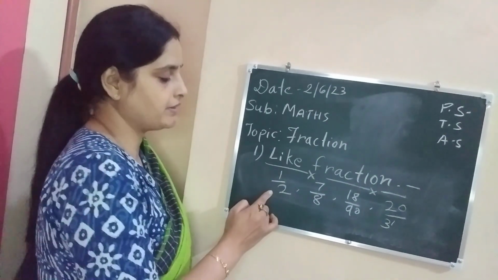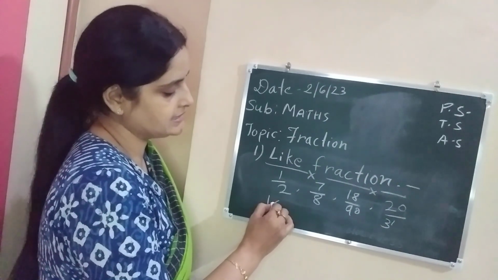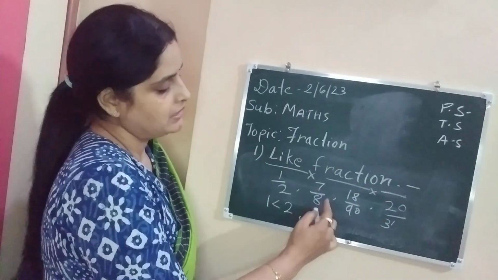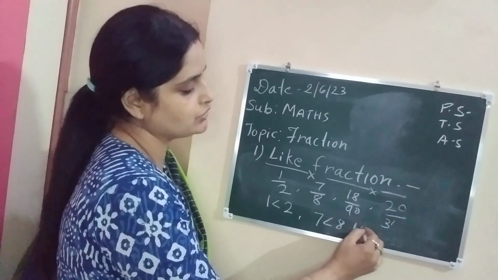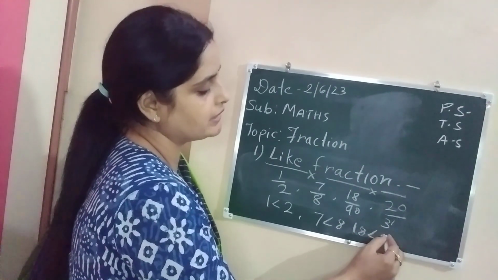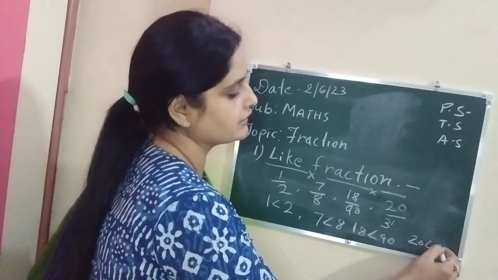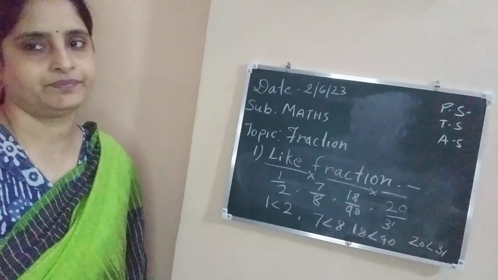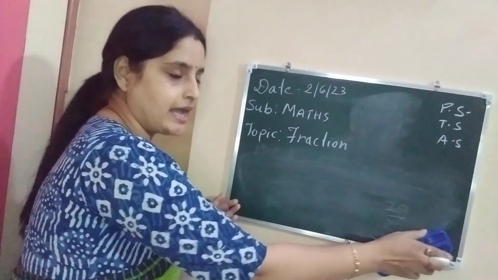Just see the fraction 1 by 2. In the 1 by 2 fraction, the numerator is less than the denominator. See the second example. The numerator is less than the denominator. Here 18 is also smaller than 19. In the same way 20 is less than 31. That's why we call it the like fraction. Understood? Now, which is the second type?